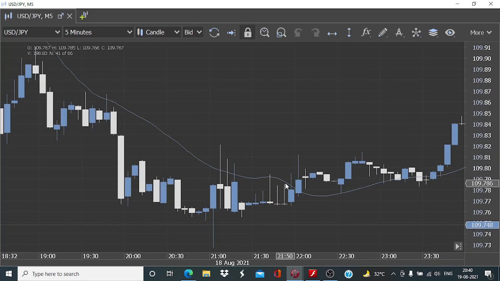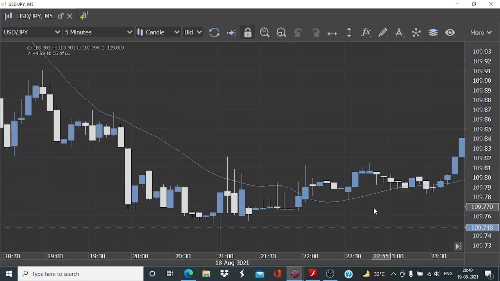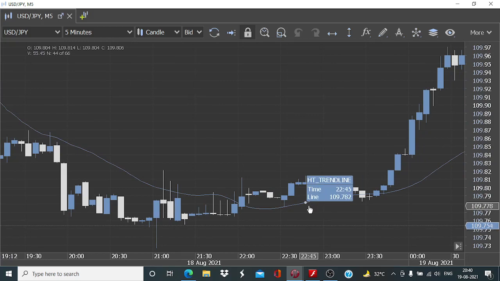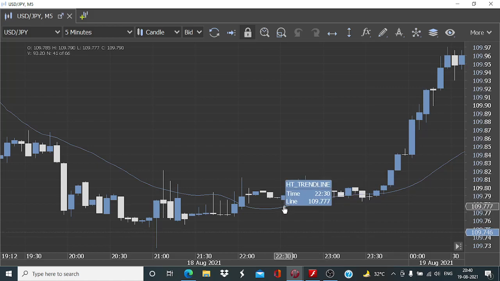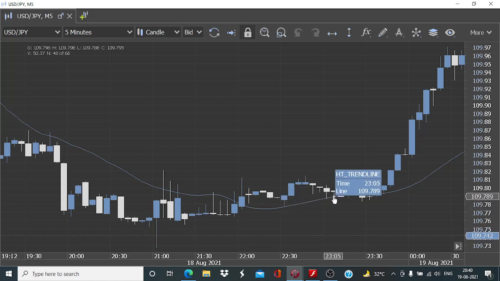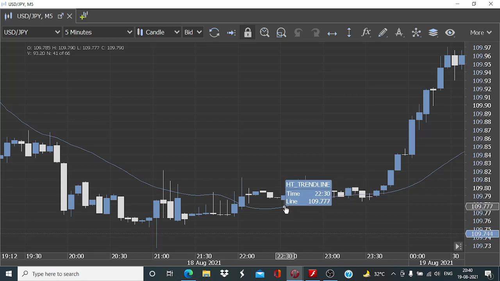For that we will want to make sure that this is the first time around when the turnaround in price action is happening. So for that we will take the current 5 minutes HT trend line value, we will compare it to the value half an hour back, and as you might have guessed, it should be rising. The current trend line value should be higher than the value half an hour back, which we will be retrieving using the look back period of 5 minutes with the shift value of 6.